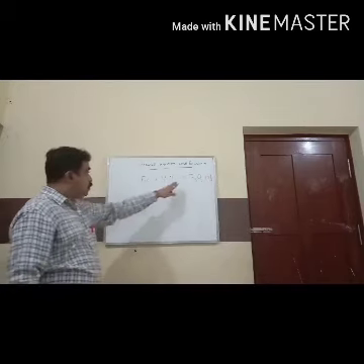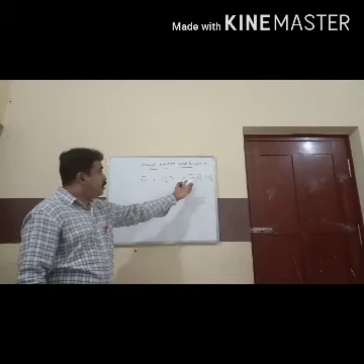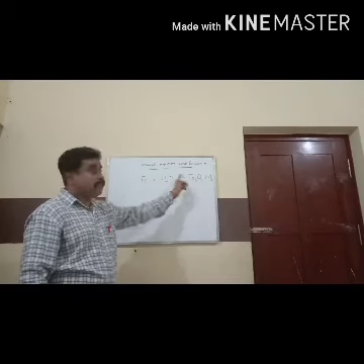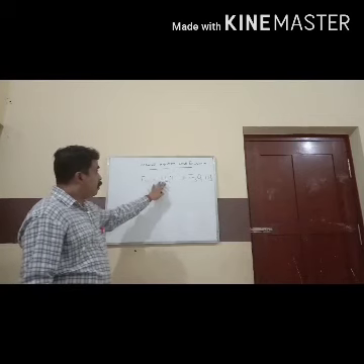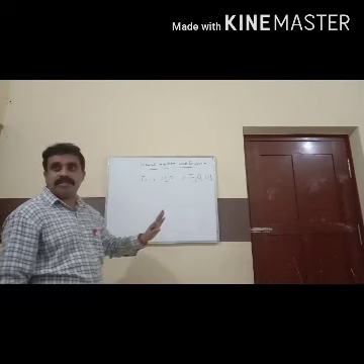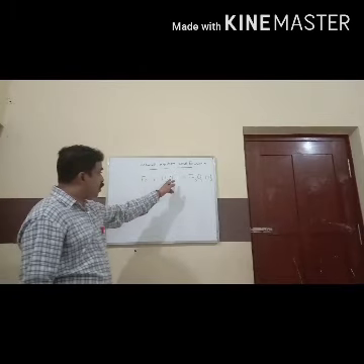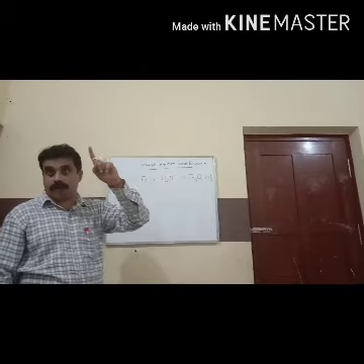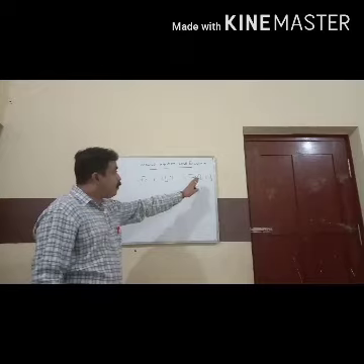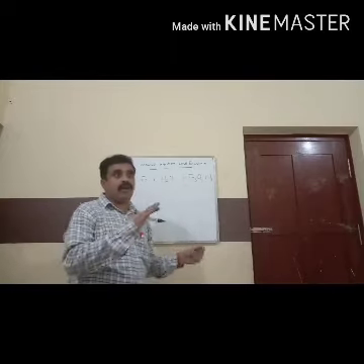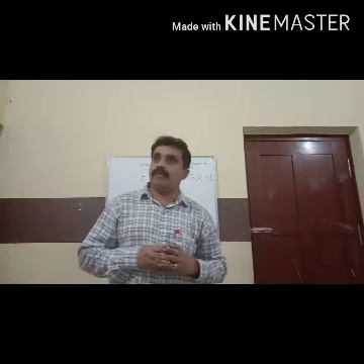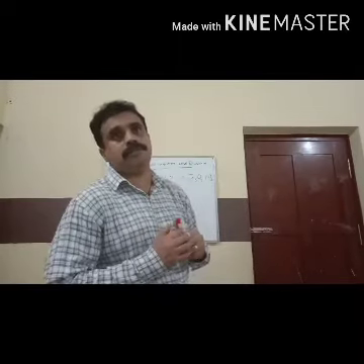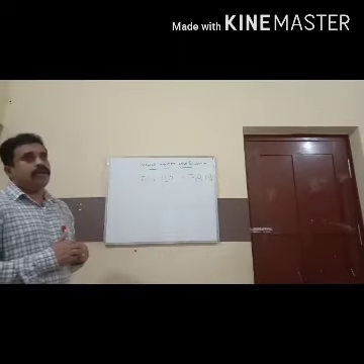You can see here in the product side 3 Fe, in the reactant side only 1 Fe. Hydrogen is already balanced, but you can see oxygen here, only 1 oxygen in the reactant side, in the product side 4 oxygen. So you have to make it balanced to obey the law of conservation of mass. You'll see how it is done.